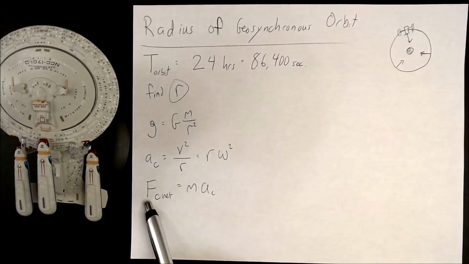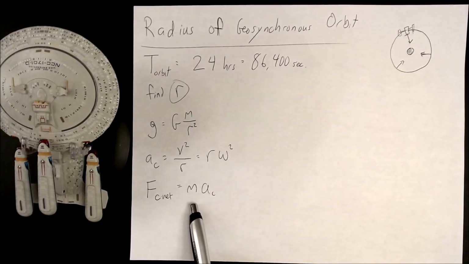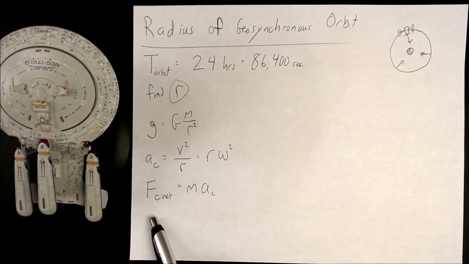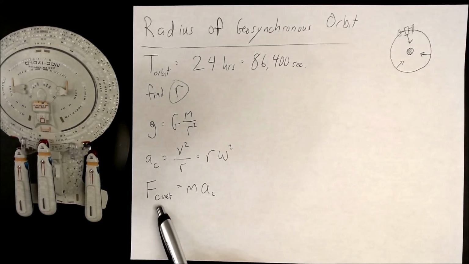The net centripetal force is equal to the mass of the object, the mass of the satellite, times the centripetal acceleration. The only force acting on the satellite is the force of gravity.